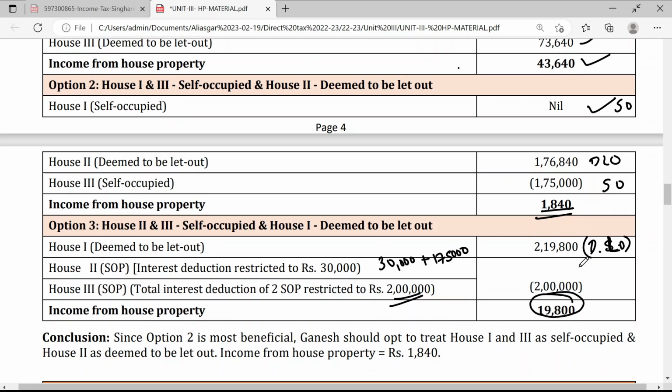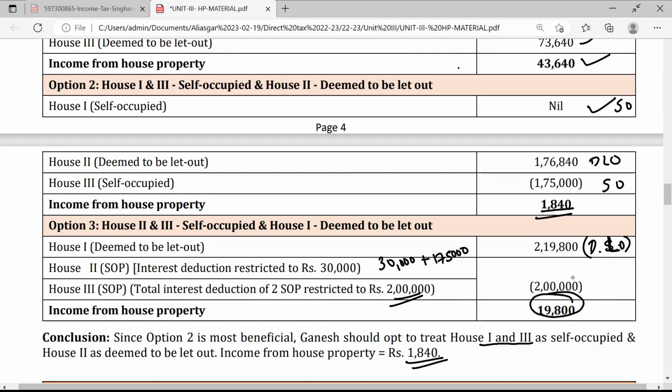So your answer is option number 2 is the most beneficial. Why? Ganesh should opt to treat house number 1 and 3 as self-occupied and house number 2 as deemed to be let out. Income from house property is 1,840. And why is it so? Because if income from house property is lower, then he has to pay a low amount of tax, and a low amount of tax means it is his benefit.